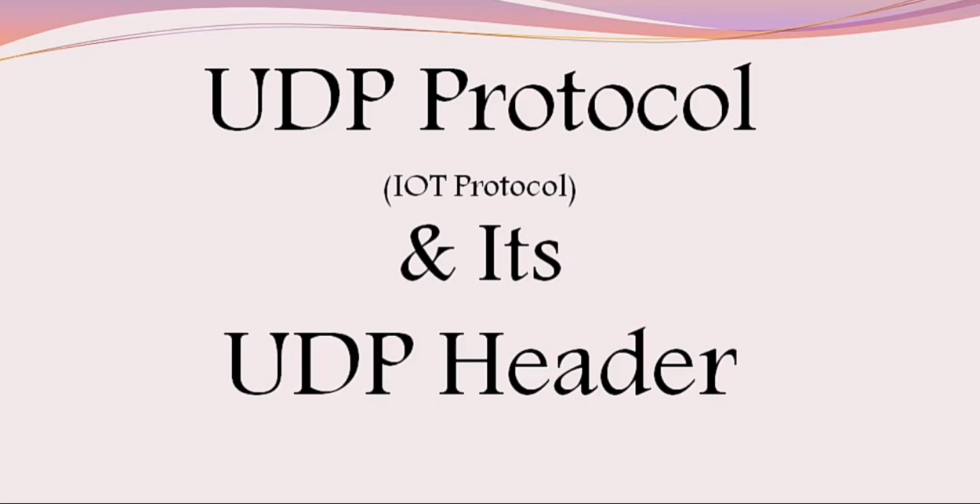Here we are calling that a payload, which is nothing but pure data, and along with the pure data, a UDP header is added and then it is transferred to the receiver. So finally we can say that the UDP is a connectionless protocol.